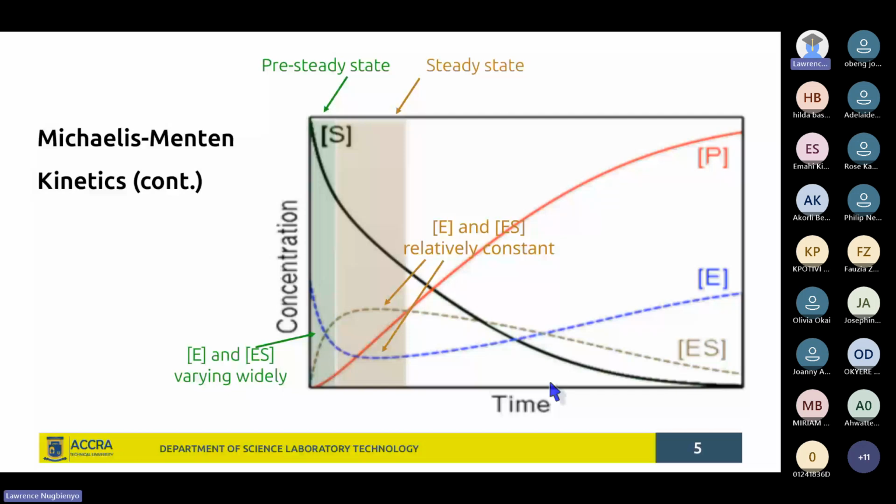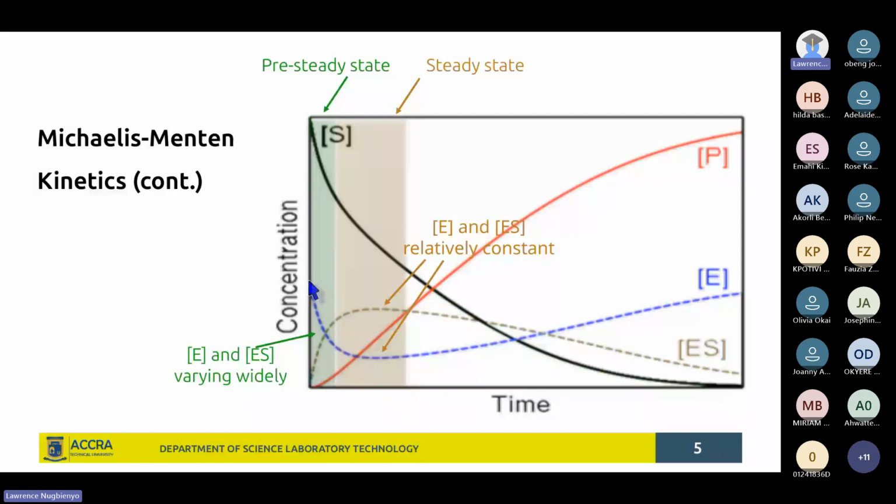Now you notice that there is what is being referred to as a pre-steady state, which is the green shaded region. And what do you notice in that green shaded region? The blue dashed lines represent enzyme concentration.